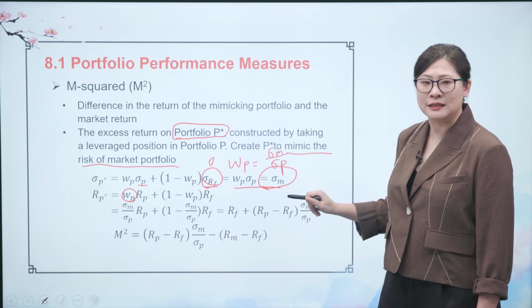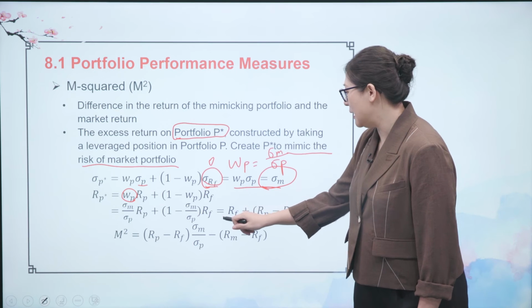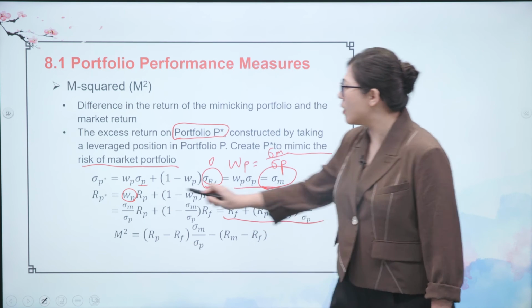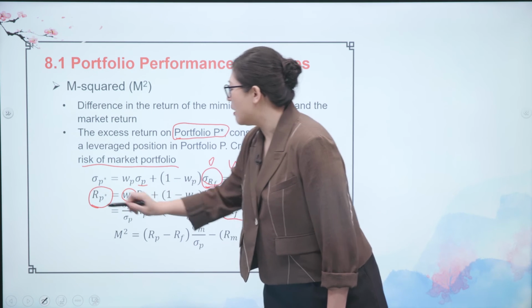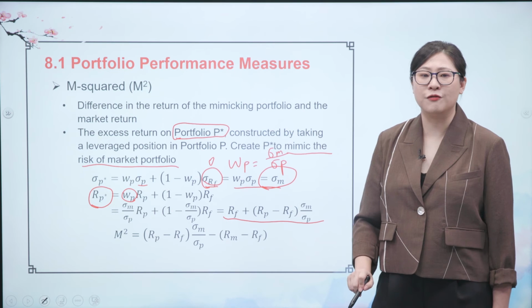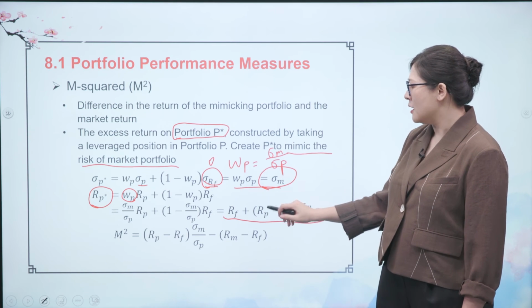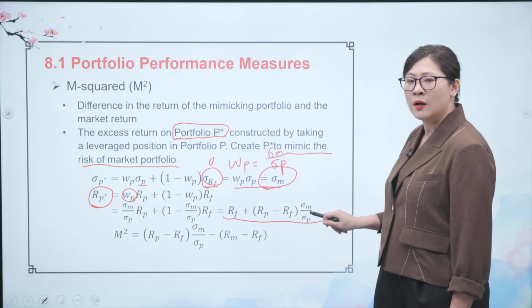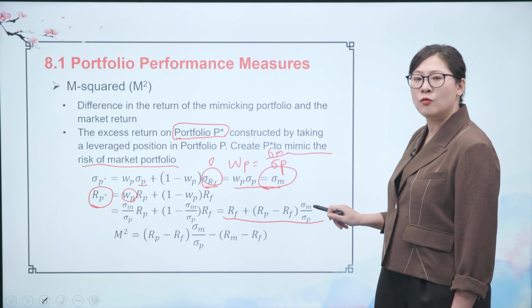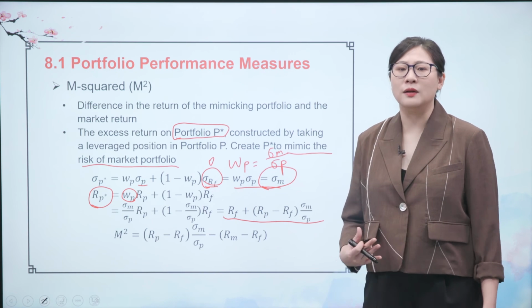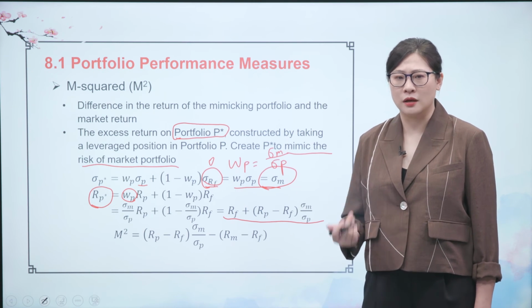We will get the final result here. For our mimic portfolio P star, the return should equal RF plus RP minus RF multiplied by sigma m over sigma p. And finally, we get our M-squared equation.